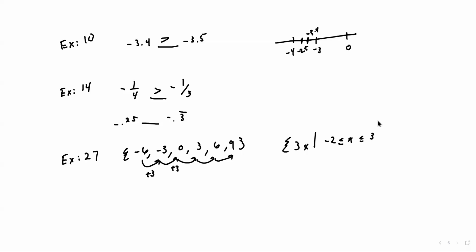However, if we keep it like this, it can be including all the decimals. I only have integers here. So I want to also state, we'll use a comma here, that x is an integer. So you can write it out like that.